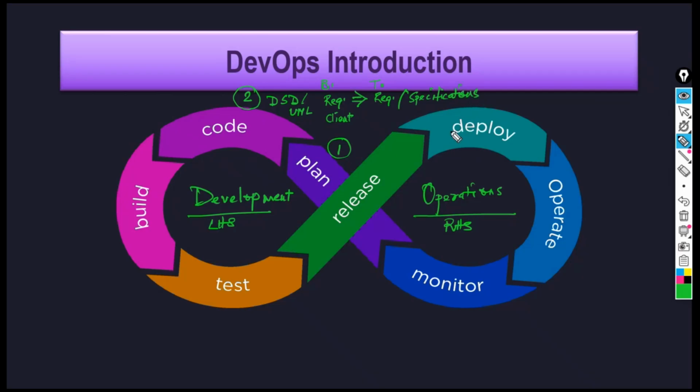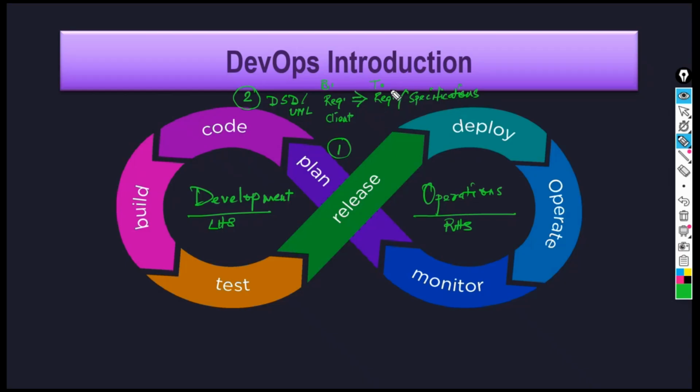Do you agree? Does it make sense? Because business requirements are just like the pain points. What are the problems? What is the business intended to do? Where do they find problems? They will jot down all the requirements. So it will be broken down into technical requirements by the solution architect, the designers, and maybe with the help of the project manager, the program manager, and business analysts.